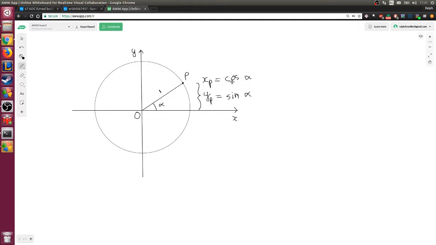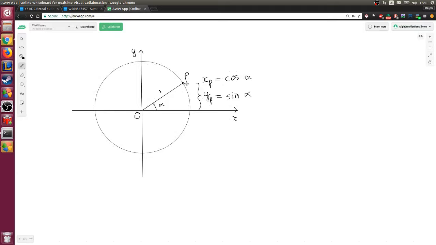In other words, when we make an observation about points, let's say we do an operation on this point, like we flip it through the x-axis or y-axis or both, and we do some sort of observation about what happens to the coordinates of the points, then we can convert that back into trig formulas to essentially generate trig identities.